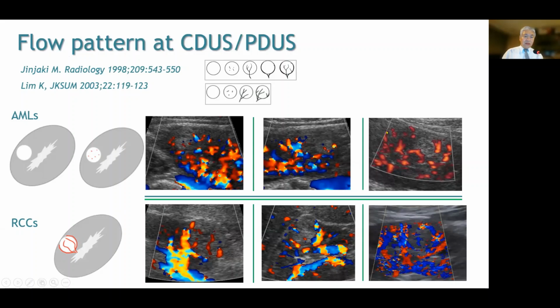These three different cases in the upper row are angiomyolipomas with absent or just mottled flow signals, while these three masses in the lower row are renal cell carcinomas showing more prominent linear tumor vessels. You may notice different Doppler flow patterns between angiomyolipomas and renal cell carcinomas.